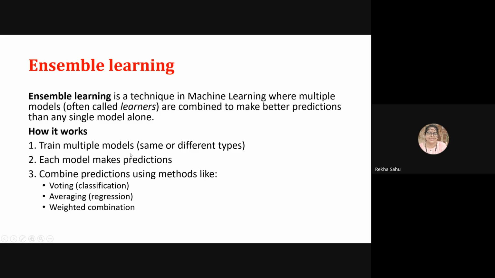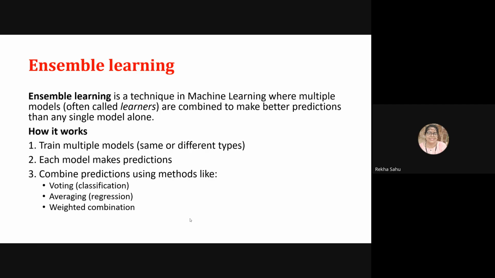So in ensemble learning, what happens? You train multiple models and see all the model predictions. Then among them, you can use the voting approach. Which one is the best? Voting means which class is more frequently predicted; that one will be considered.